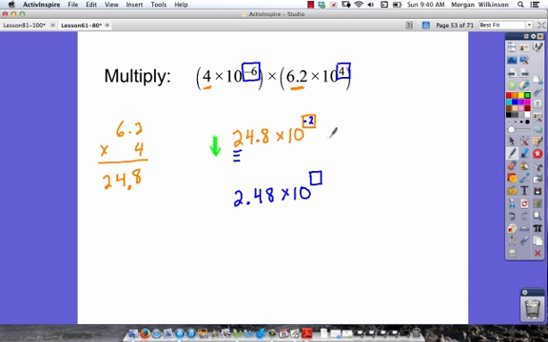So this number, to balance everything out, has to get bigger by a power of 10 for our power. What's 1 bigger than negative 2? Well, 1 bigger than negative 2 must be negative 1. So we could fill in this box 2.48 times 10 to the negative 1st power. That's the same thing as 24.8 times 10 to the negative 2nd power.